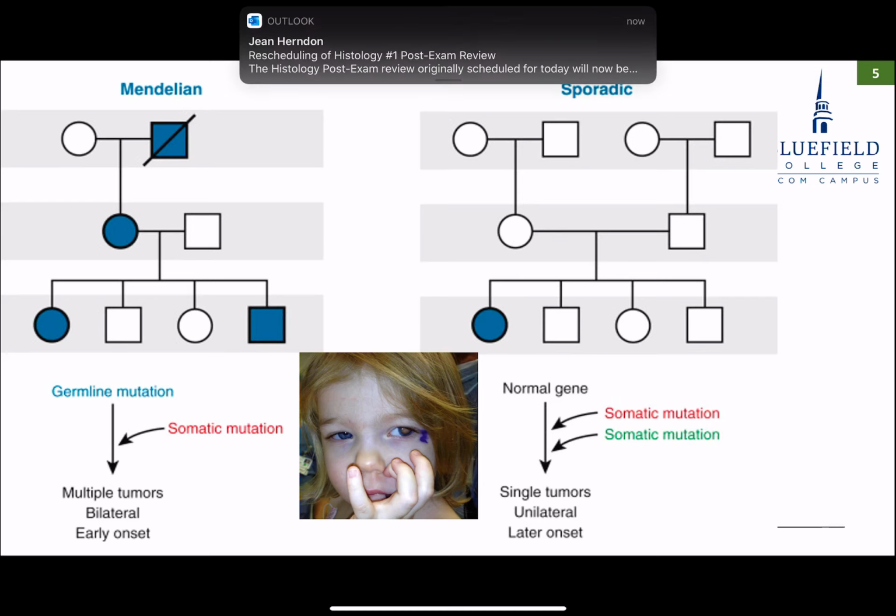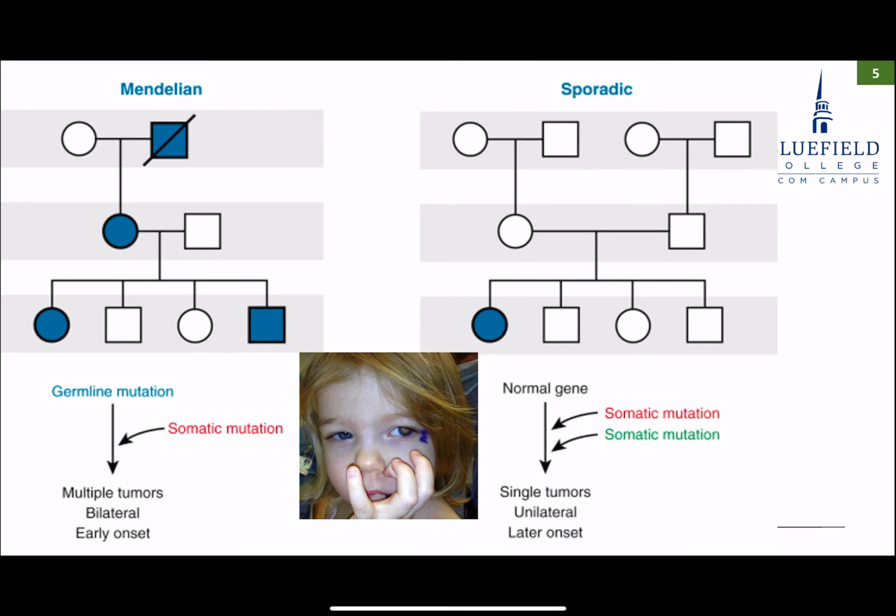So we see multiple tumors. It could be bilateral, which means not just one eye, because in sporadic cases, it's only one eye affected, but it could be both eyes affected. Or there could be earlier onset of this disease than normal, also suggesting that the severity is increased, which is caused by this Mendelian case, this pattern of inheritance.